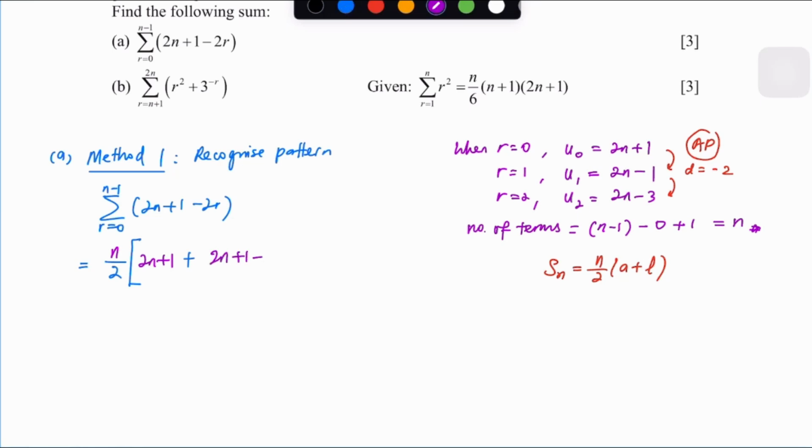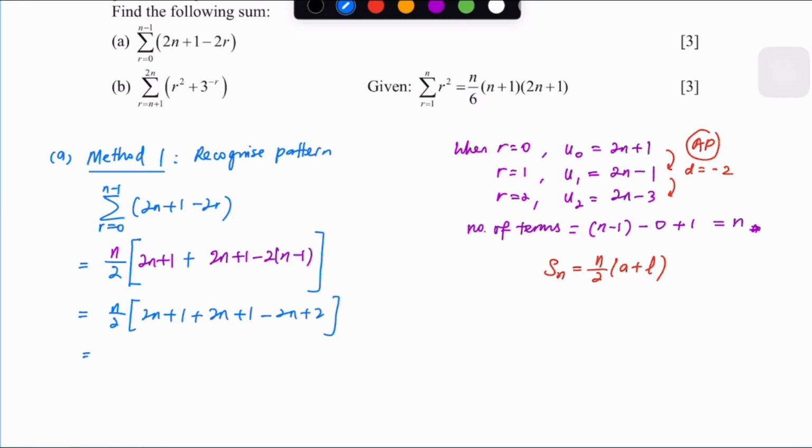The last term would be 2n plus 1 minus 2 times n minus 1. If you are not too sure, sub this into the r. Can see how this works? Last term, so sub in over here. So you can simplify this to n over 2 times 2n plus 1 plus 2n plus 1 minus 2n plus 2.